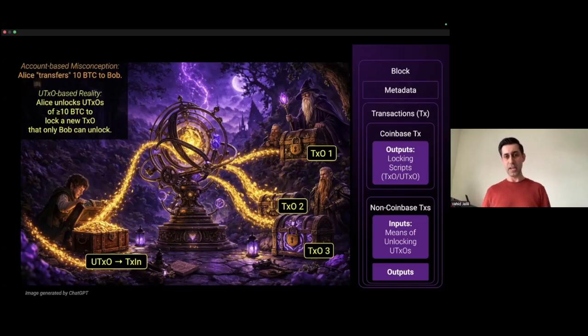You will create an output with a script that only your friend can unlock and associate 8 Bitcoins to that, and then create another output with the remaining 2 Bitcoins, such that you are the only one who can collect it. That's how transfers happen, because they are atomic units. You can only work with the unspent transaction outputs, and you only work with locking and unlocking. So what I explained is transferring coins, and also self transfers, where you are basically collecting the change in the transactions.